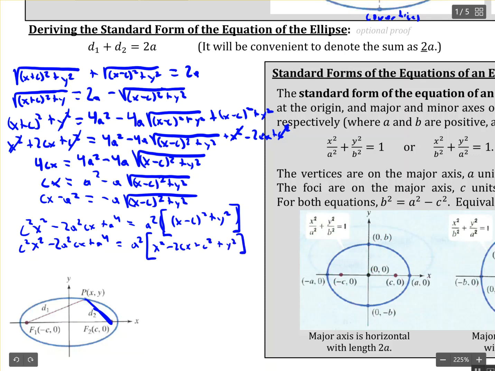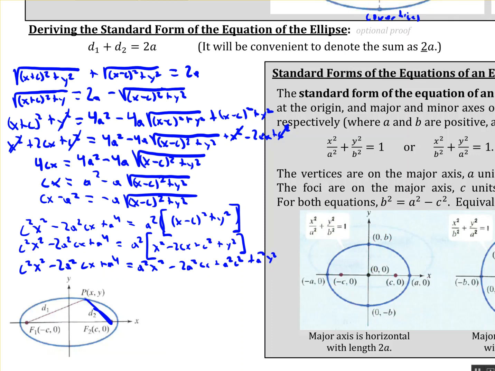Let's distribute that a squared through. So I get a squared x squared minus 2a squared cx plus a squared c squared plus a squared y squared. All right, so let's see what we can do for simplifying here.